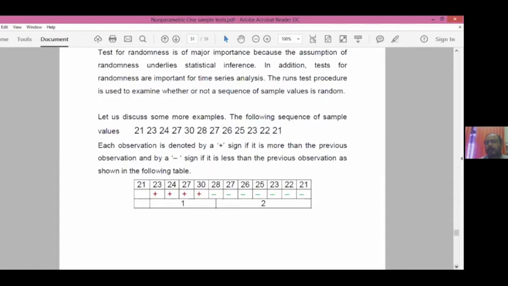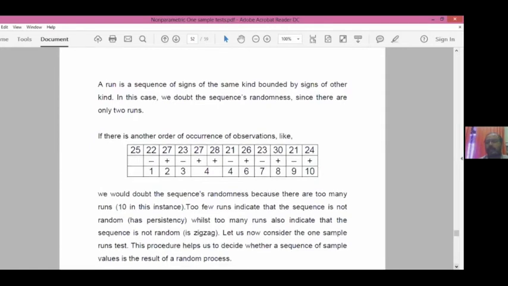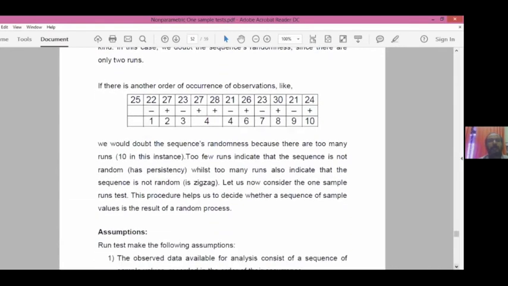Now I will explain. A run is a sequence of signs of the same kind bounded by signs of the other kind. In this case, we doubt the sequence is random since there are only 2 runs. If there is another order of occurrences of observations like what is given in this table, 25, 22, 27, like this, look at the previous value being smaller than the next value, plus, and 27 then 23, minus, like this.